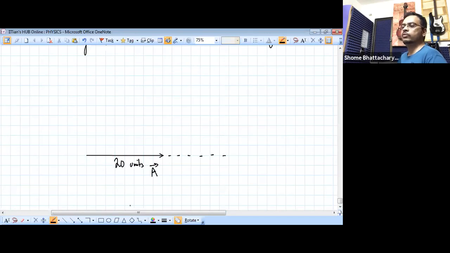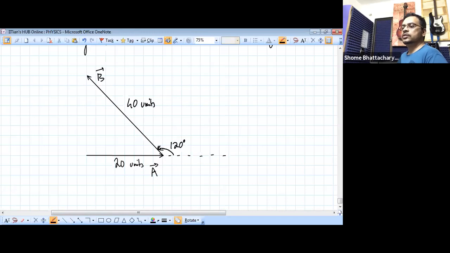I have to turn by 120 degrees. Okay, so I have to turn from this direction by 120 degrees like this. So it should be in this sort of direction. So my theta, this is 120 degrees. This is my vector B and its magnitude is 40 units.